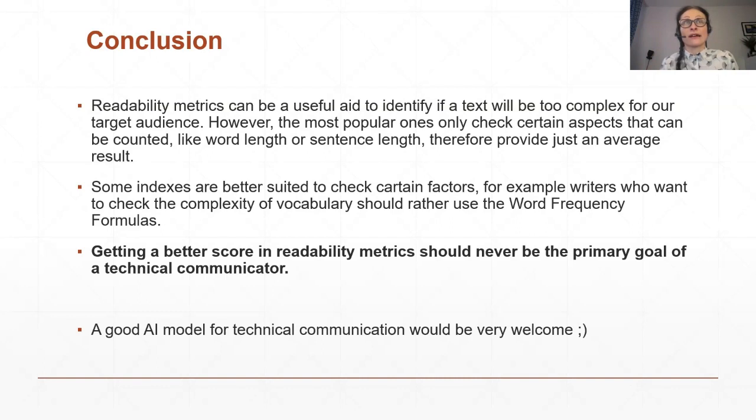For example, writers who would like to check the complexity of vocabulary should rather use the word frequency formulas instead of those syllable-based formulas. Getting a better score in readability metrics should never be the primary goal of a technical communicator. And also a good AI model for technical communication would be very welcome. So it's a message to all those who are dealing with AI.